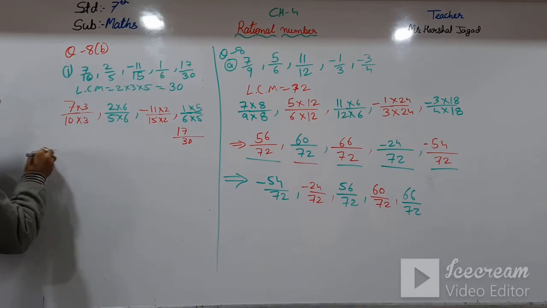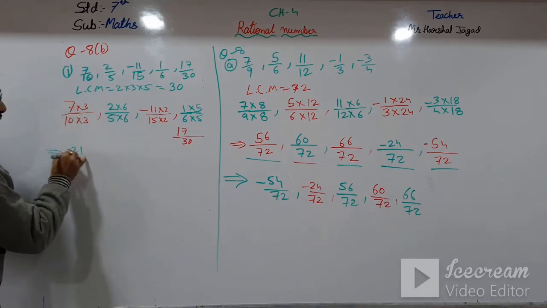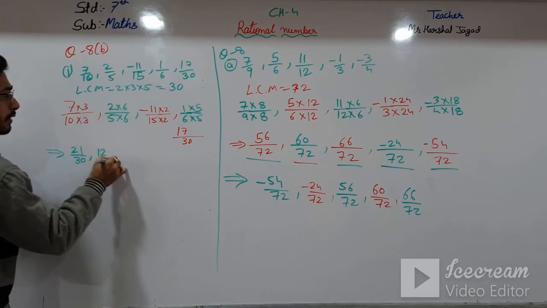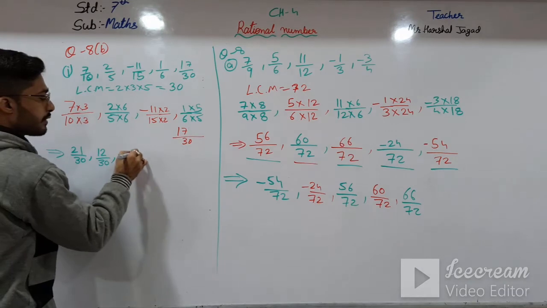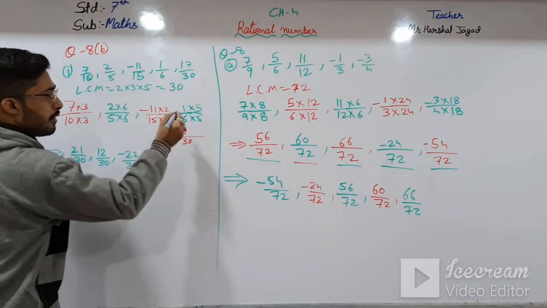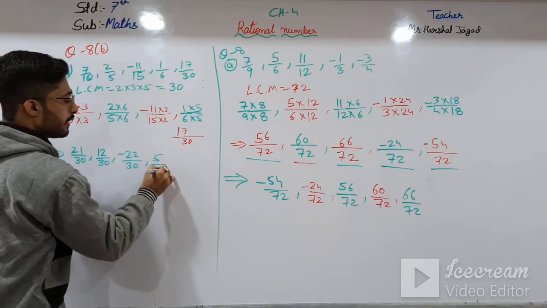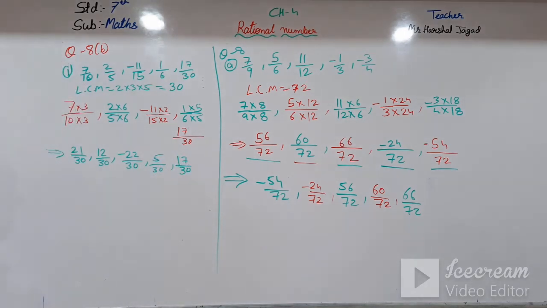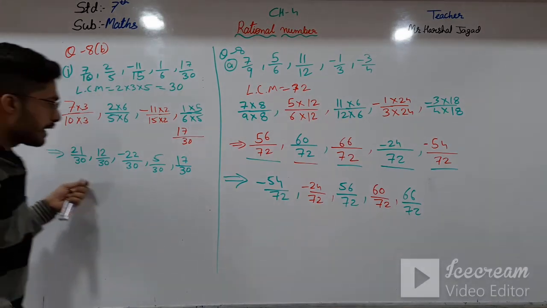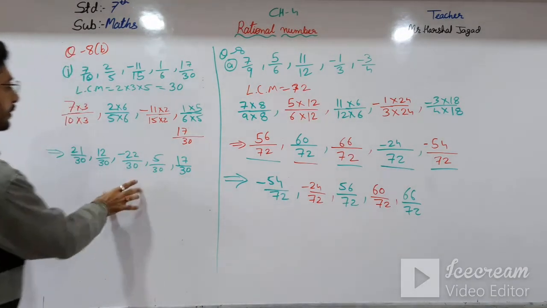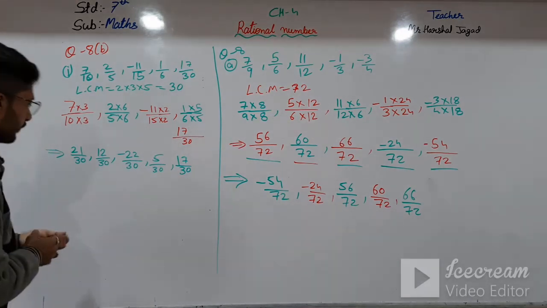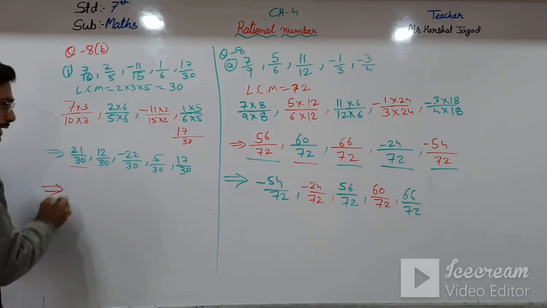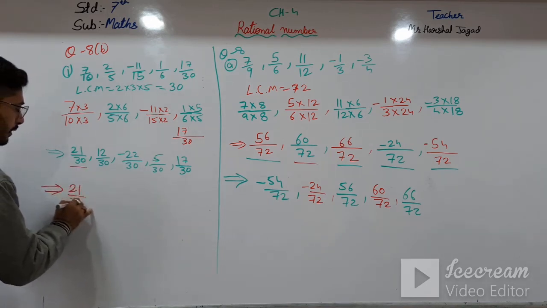Now 7 3s are 21 upon 30. 6 2s are 12 upon 30. Minus 11 into 2, minus 22 upon 30. 5 upon 30 and 17 upon 30. So these are with the same denominator, and we just have to put them into descending order. First of all we put the highest one, that is 21 upon 30.